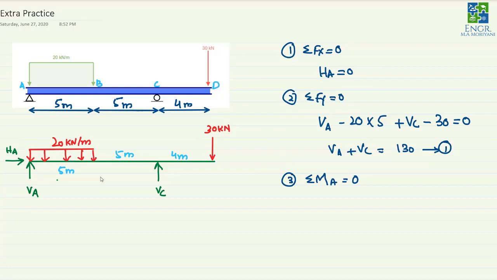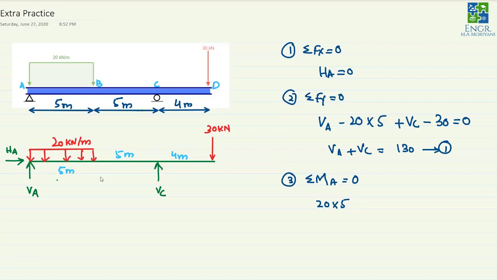The moment it generates is the total magnitude of the load multiplied by the moment arm, and the total magnitude of this uniformly distributed load is 20 multiplied by 5.